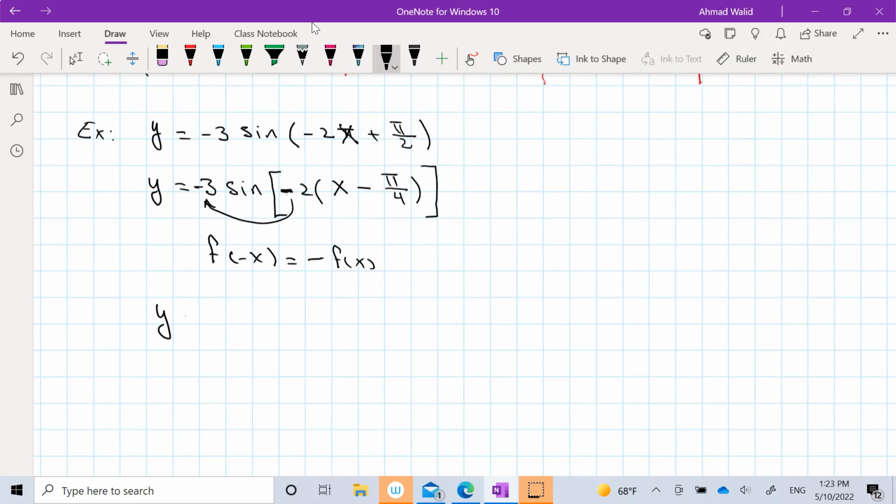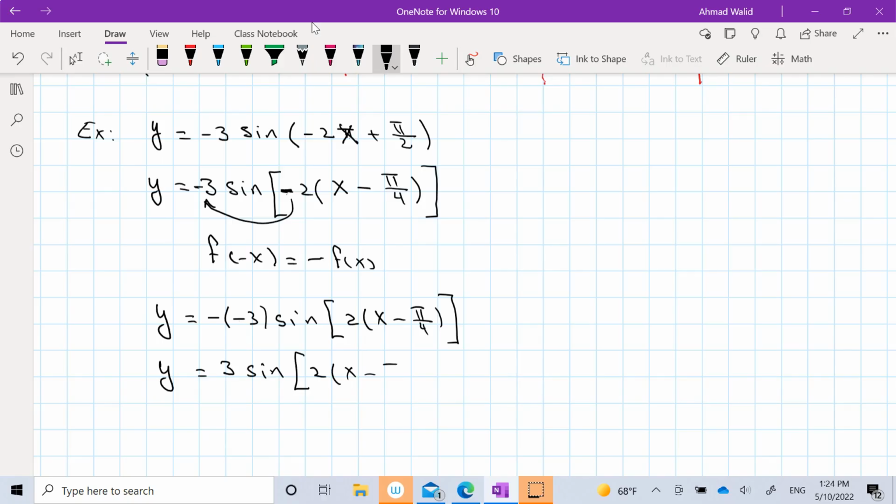It means your function becomes like this: -3, then sine of 2 parentheses x minus pi over 4. Correct? -3 times negative gives you positive 3. Y equals 3 sine of 2 parentheses x minus pi over 4. And that's the actual function that you want to graph.